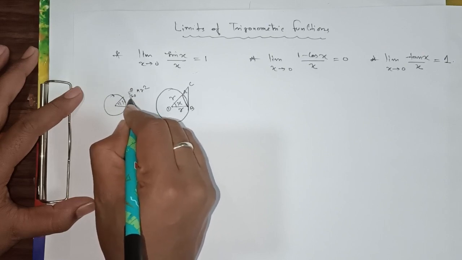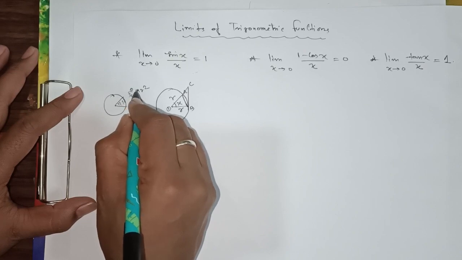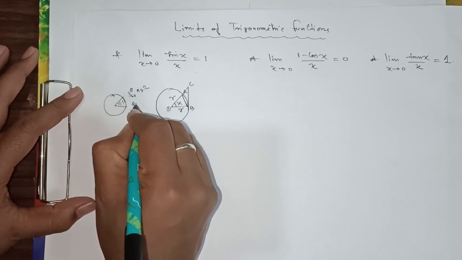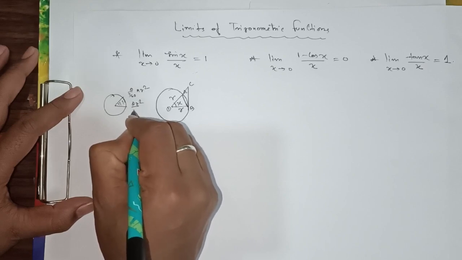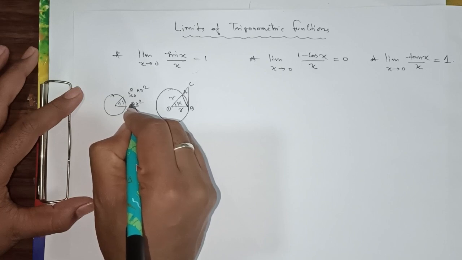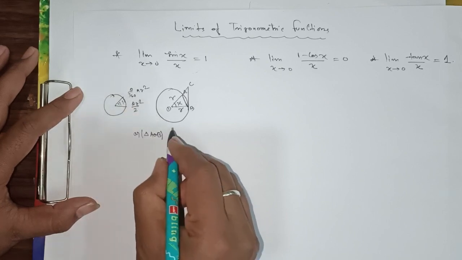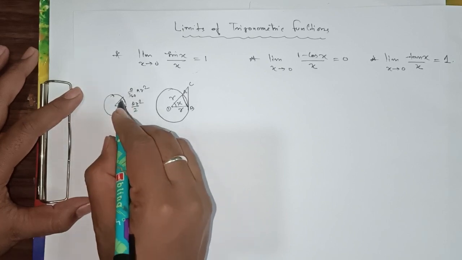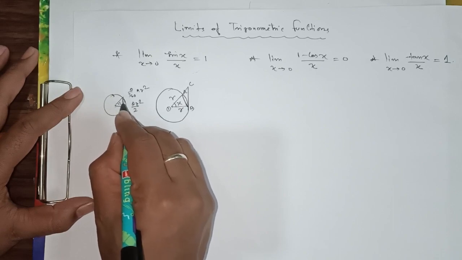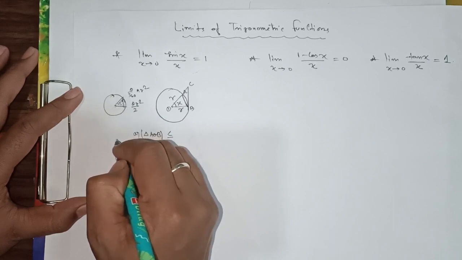As we are discussing radians, these two cancel each other. The pi cancels, we get 2 here, that is theta r square by 2, and theta will work as x. So this whole thing is greater than this part, the triangle part.